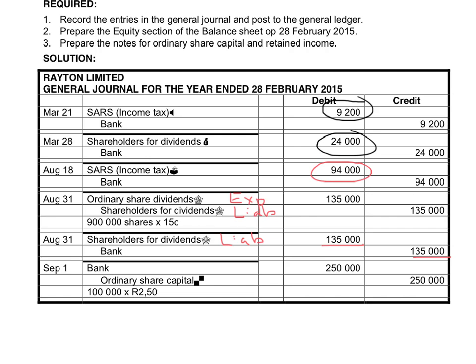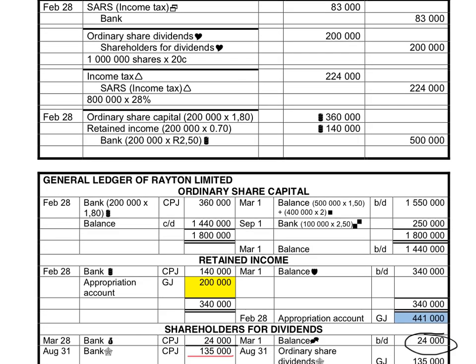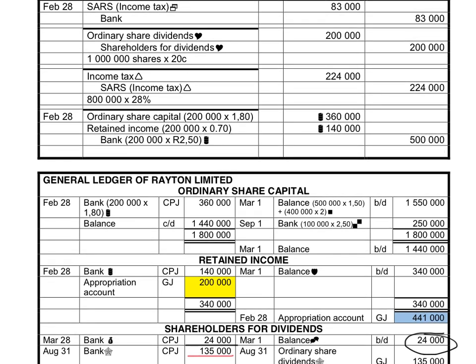So 100,000 times R2.50 will give me 250,000 that was received in the bank, and the capital increased with 250,000. In my ledger accounts, I will show that ordinary share capital will increase with the 250,000 of the money that was received for the shares that was issued.